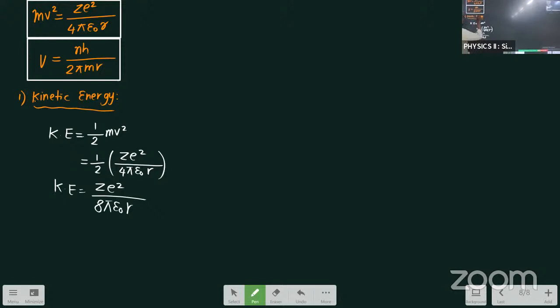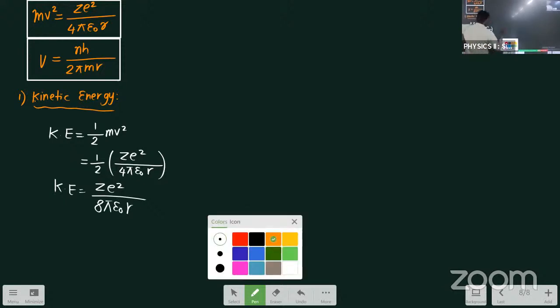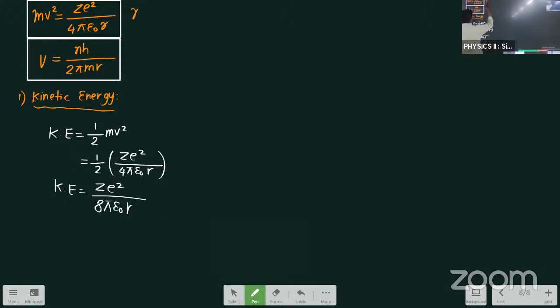Let us substitute the value of r. What was the value of r we got? Radius of the nth Bohr orbit r is equal to n square h square epsilon naught divided by pi z m e square. This was the expression we got for radius.